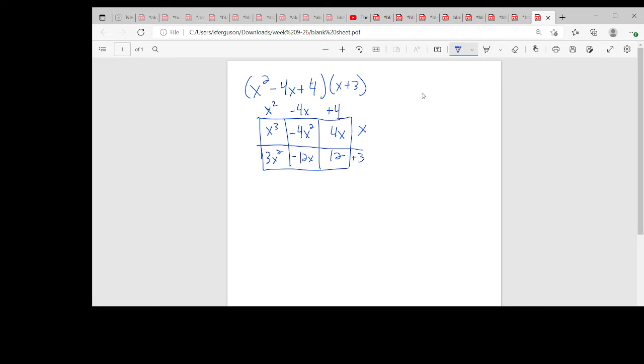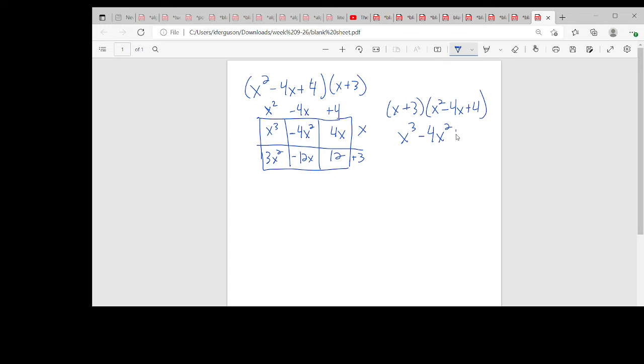So the other way to do this is to just multiply the stuff straight out. So we got this, right? I multiply x times everything. So x times x squared is x cubed. X times a negative 4x is negative 4x squared.